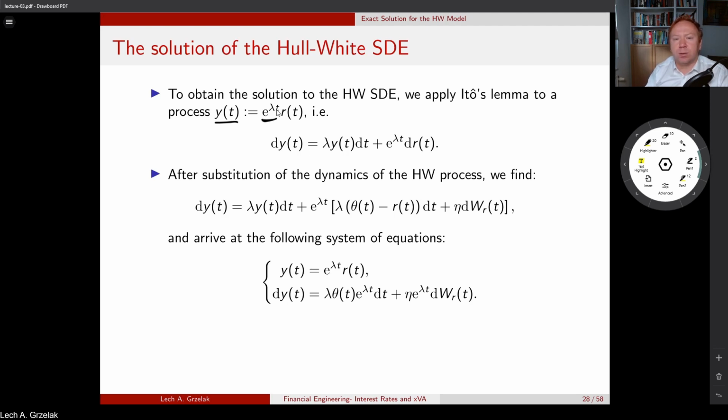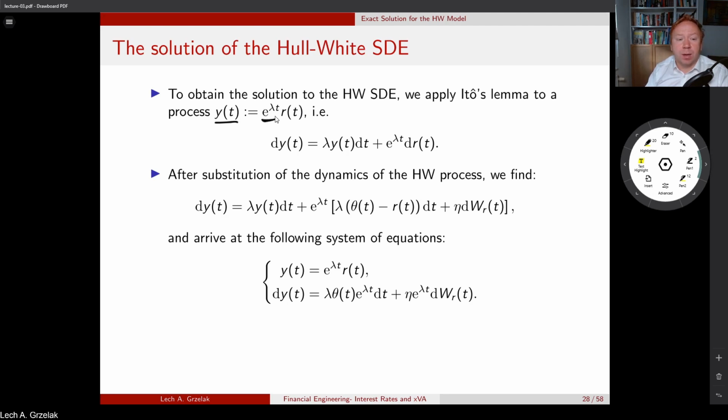This is also related to the HJM volatility structure, where we had sigma times e to the power minus lambda t, and this is the same kind of scaling we are doing here. Of course, you can also derive this solution in a different way, but I particularly find this way elegant.